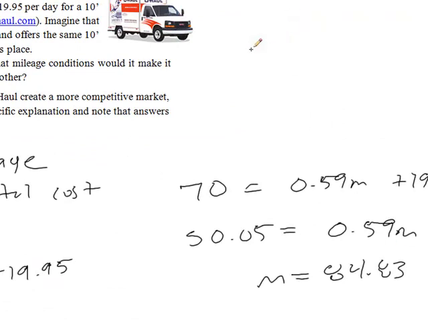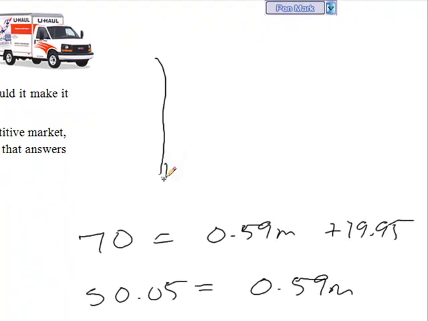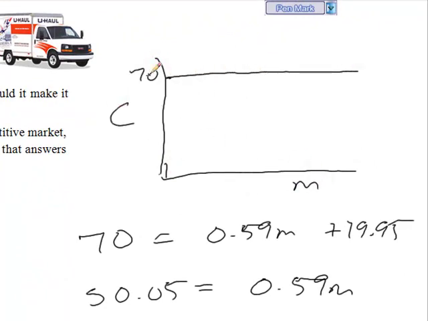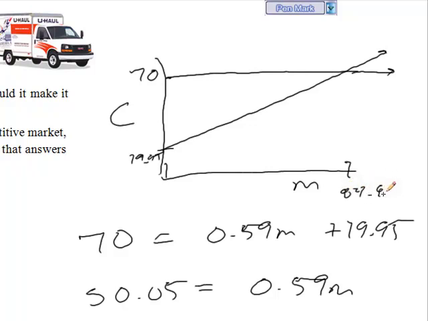Let's think about the graph of this. Without putting too much detail into it, here are our miles, here's our cost. Somewhere up here is $70. And this one starts at $19.95 and goes up progressively as the miles increase. At some point over here, and in particular we know that this is 84.83, the two costs are going to be equal.